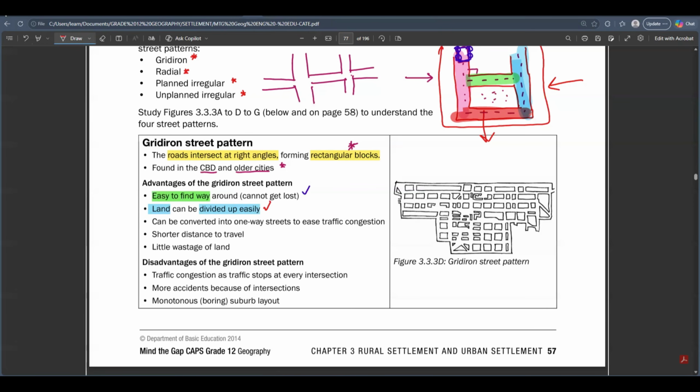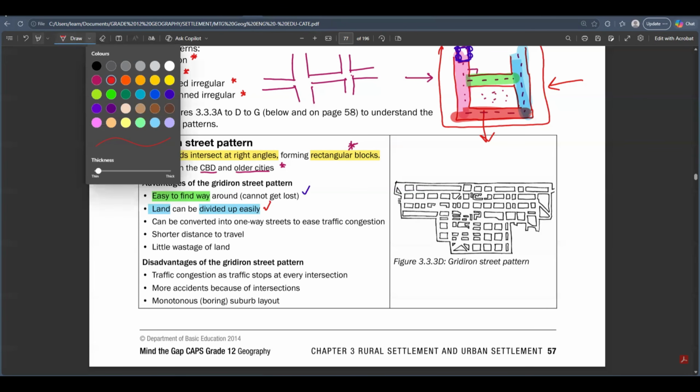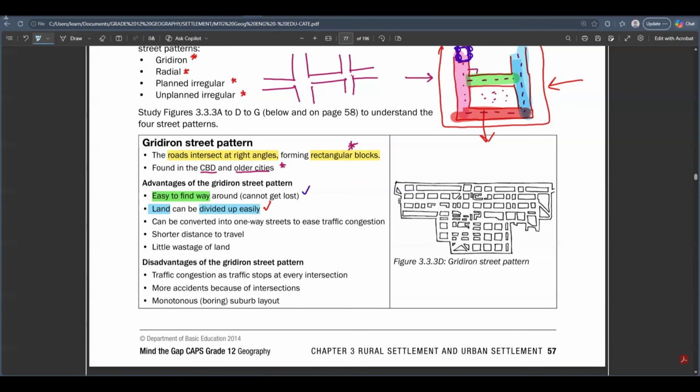And one of the other advantages of having this pattern is that it can be converted into a one-way street to ease traffic congestion. Since these roads are connected to one another, you can consider them as one-way roads.